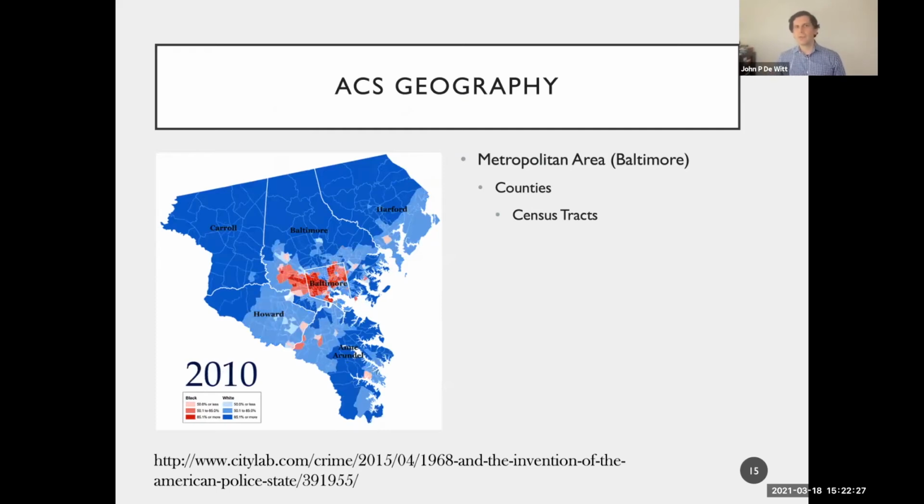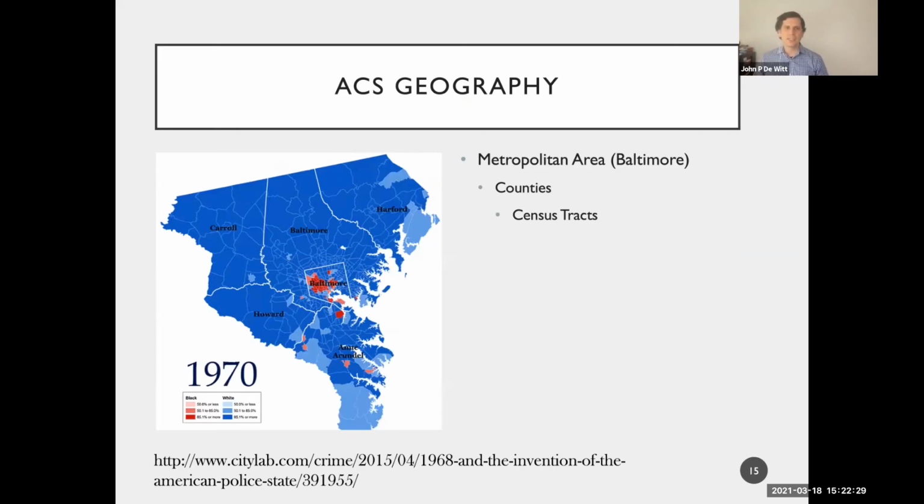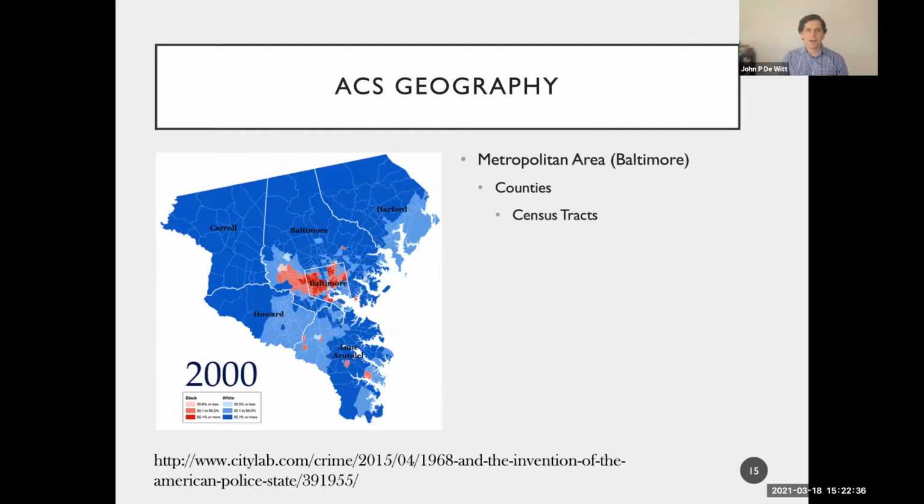So I just like showing this map showing changes in the racial composition of the census tracts in the Baltimore metropolitan area. As you can see, the smallest level geography that are outlined are census tracts, which average about 3,000 to 4,000 people per tract. The larger borders are county level, and then the entire image shows the Baltimore metro area.